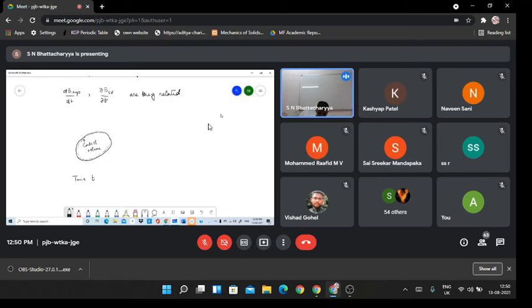He denotes the control volume by a continuous line and the system by a dotted line. But I'll follow the opposite convention, because the control volume is a surface across which mass can move. So let me denote that as a porous boundary, dotted line, and the system boundary by a continuous line.